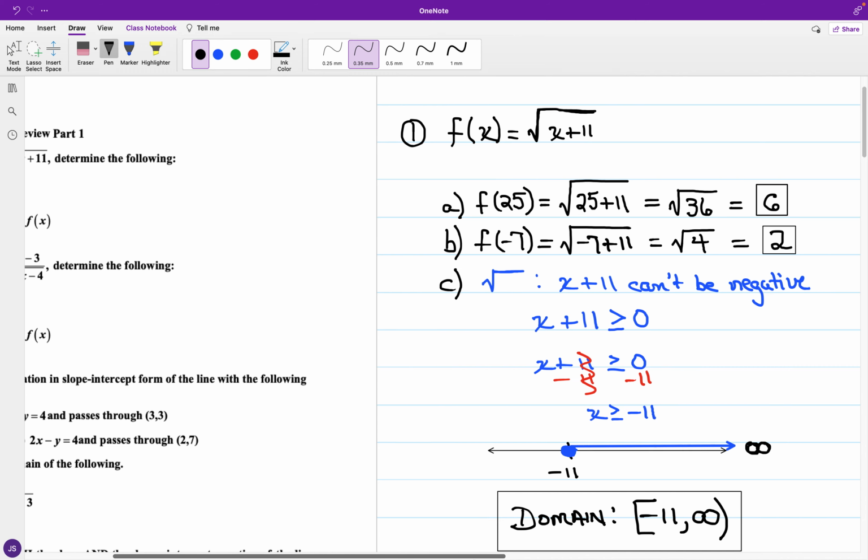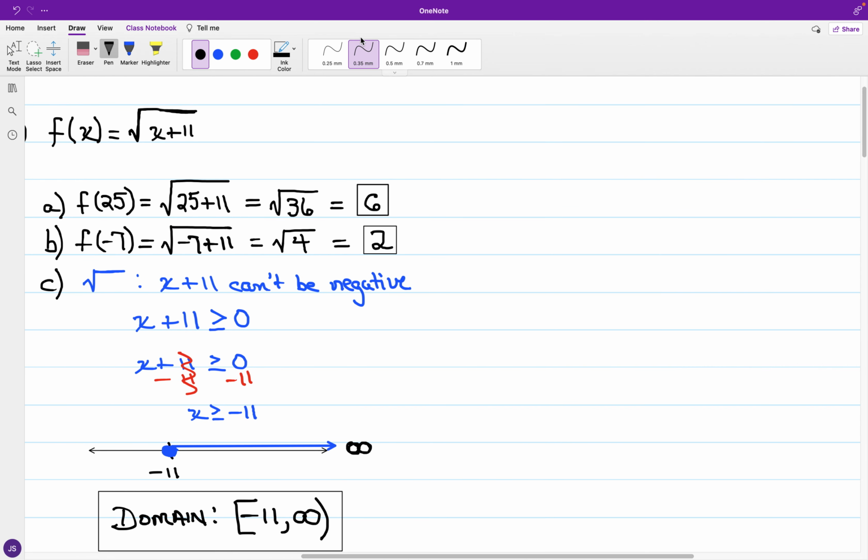So we have in problem number 2, f of x is equal to x minus 3 all over the square root of x minus 4.